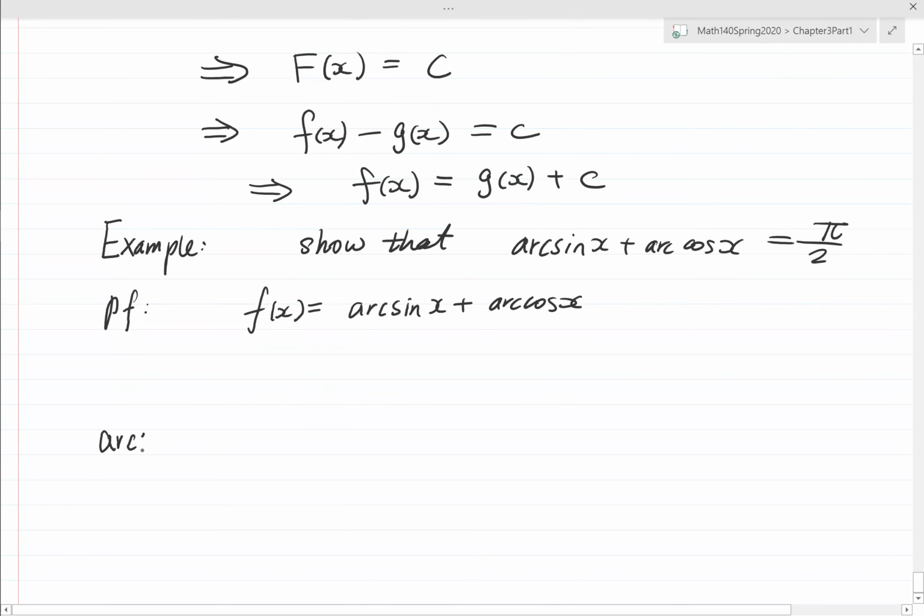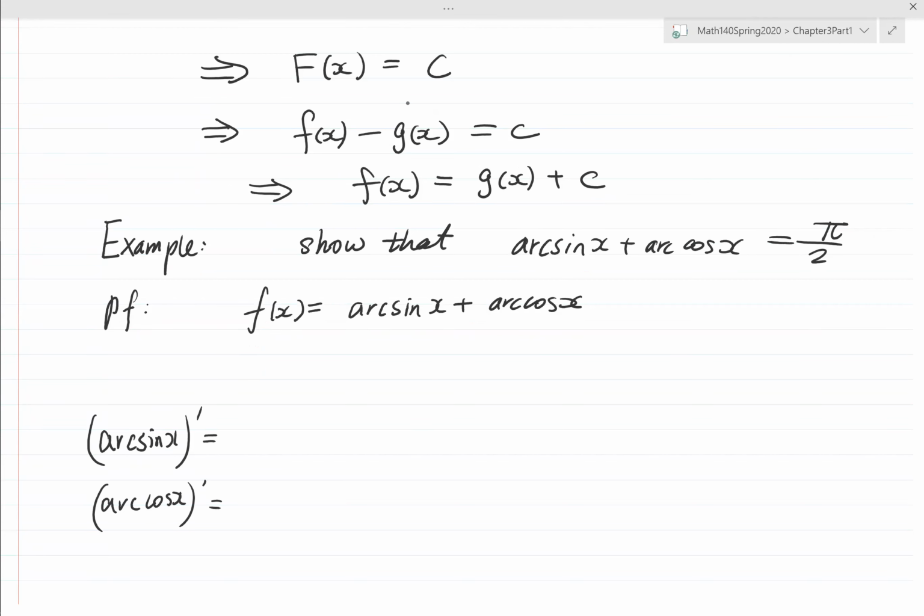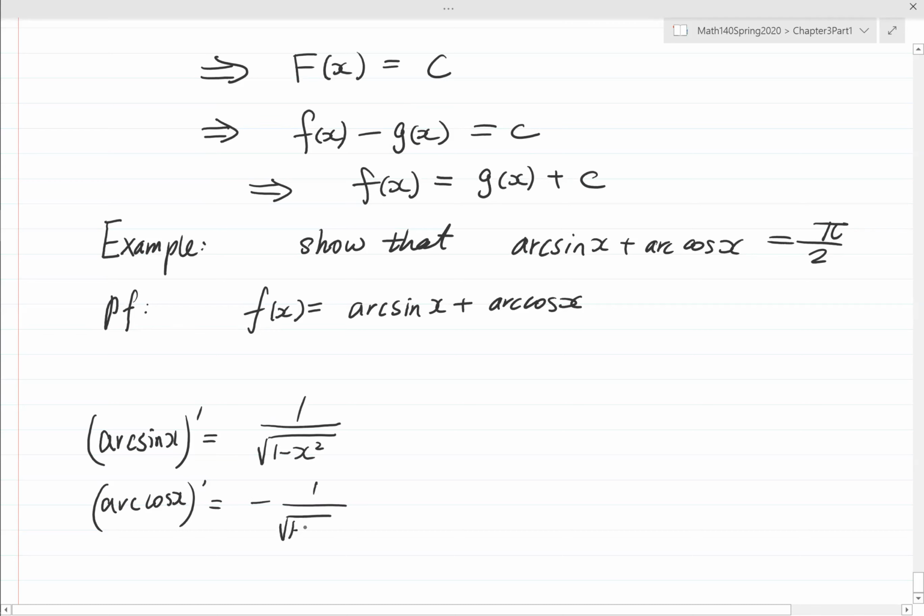Remember the arcsine derivative, we did this. What is the arcsine derivative and the arccosine derivative? The arcsine derivative is 1 over the square root of 1 minus x squared. How do we get arccosine? In this case, we apply co, and once we apply co, we get negative 1 over the square root of 1 minus x squared.